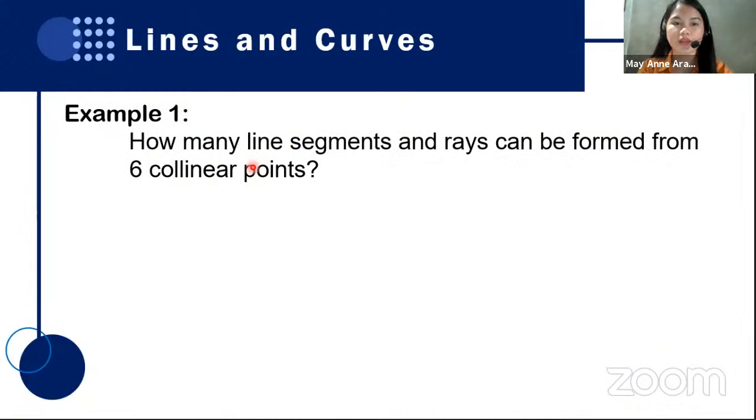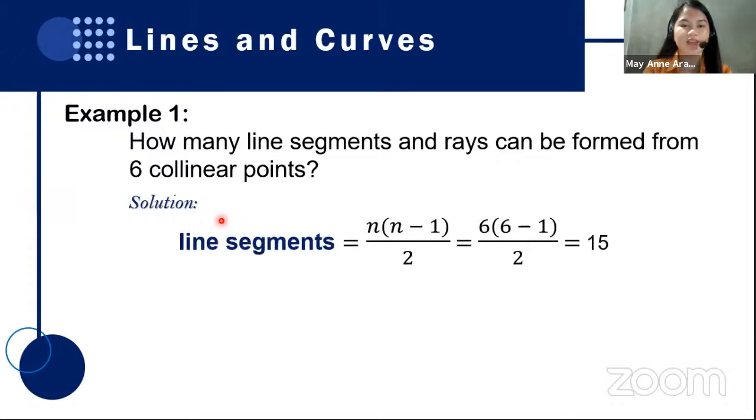For example, how many line segments and rays can be formed from 6 collinear points? Without drawing, or even if you don't illustrate it, by using the formula you can easily determine the number of line segments and rays. For line segments, we have this formula: n times the quantity of n minus 1 all over 2. Just substitute the value of n, which is 6.